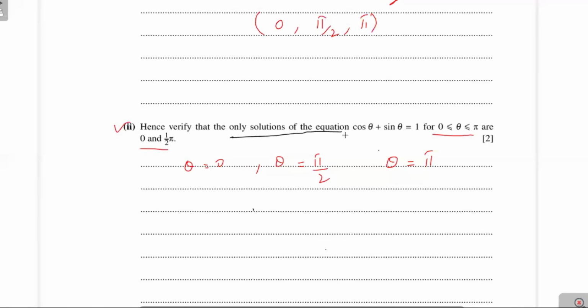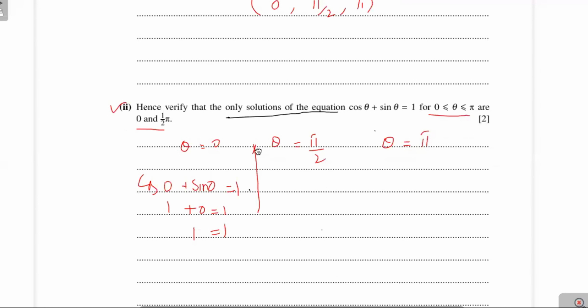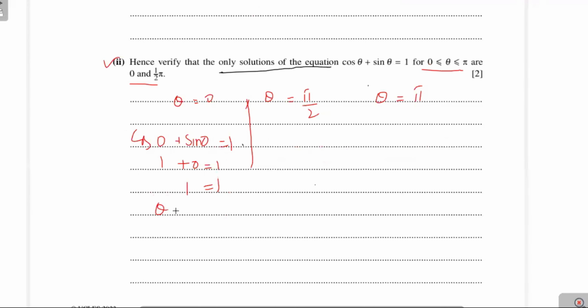Firstly, we put 0 in this equation: cos 0 plus sin 0, cos 0 is 1, 1 plus 0 equal to 1, therefore 1 equal to 1, and this is a possible value, theta equal to 0.